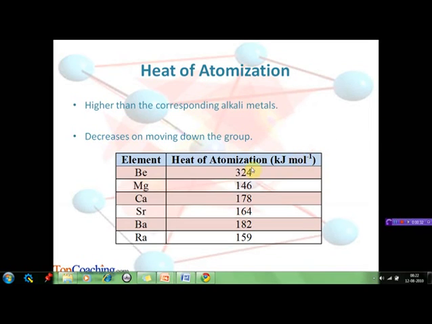However, as we can see, as we move down the group from beryllium to radium, the heat of atomization is decreasing gradually. This is because the cohesive forces in their lattices decrease as there is an increase in size on moving down the group.